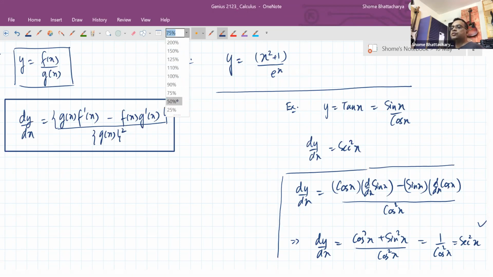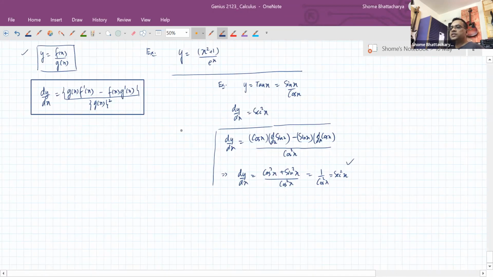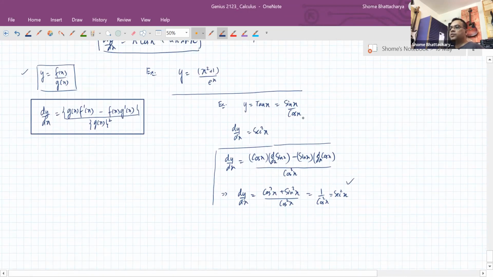And in case you're confused between what is subtracted from what, you can just check. If you made a mistake in the application of the formula and you take the denominator in place of the numerator, then what will happen is you will get some other answer. You'll get minus 1 by cos square x, or you might get something even funnier. Okay. So you can quickly verify whether what we have done is correct or wrong.